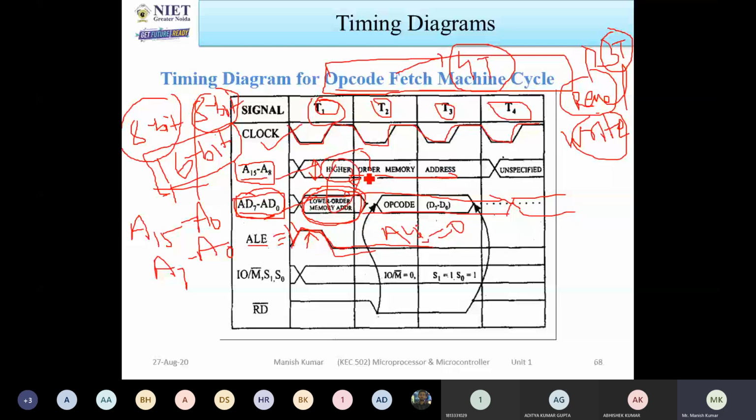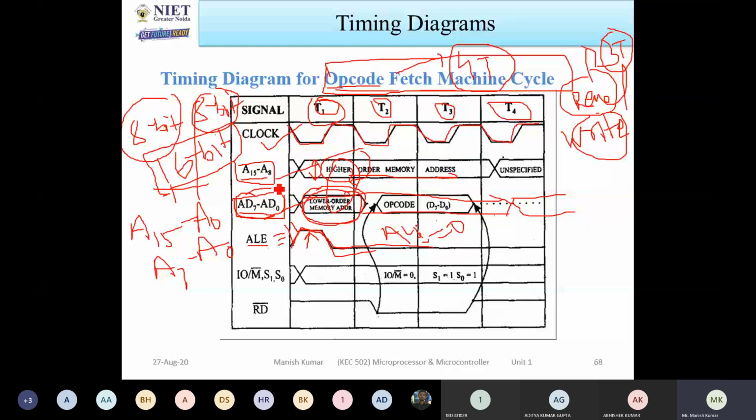Okay, so after combining that, you have to think about what you have to do next. The operation is opcode fetch. So I am getting the address of the particular memory location. So from that memory location, you have to read the value.